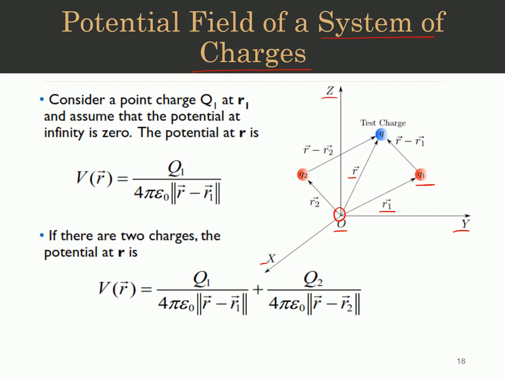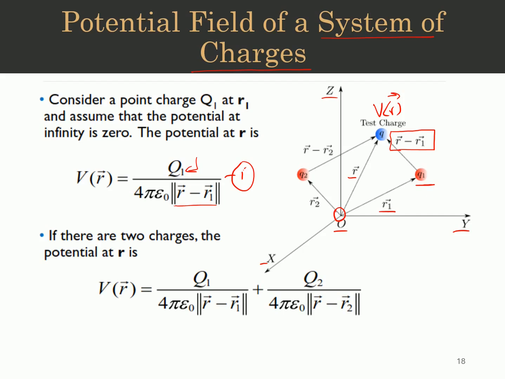So we know that the distance between Q and q1 is represented by the difference of distances, which is r minus r1. So in order to find the potential at this point, or the potential for the test charge, we know that it is the ratio of the charge Q divided by 4 pi epsilon and the difference of the distances. So this is equation number 1. This is the scenario when we only have charges q1 and Q with respect to the origin.